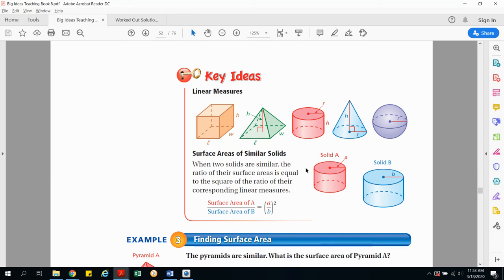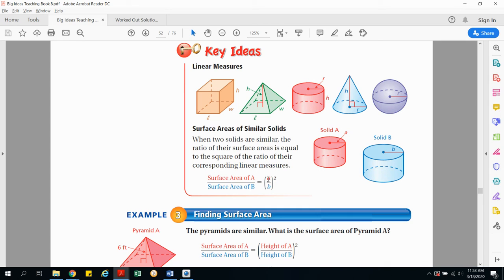Those are all linear dimensions, okay? So we're going to take the radius and the radius, for example, write that as a ratio and square it. When I do that, that ratio squared will be equal to the areas as a ratio.